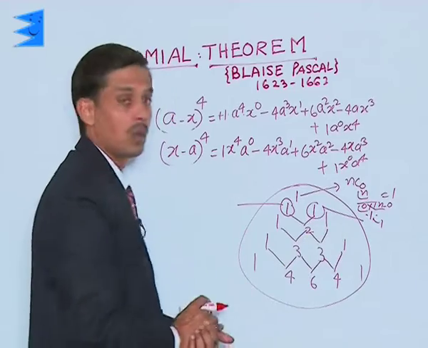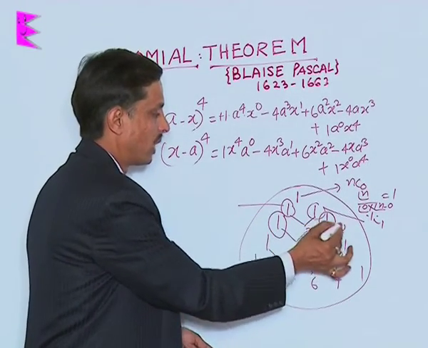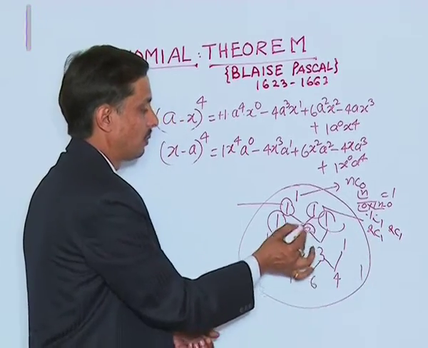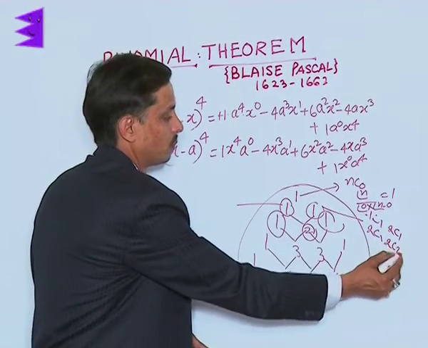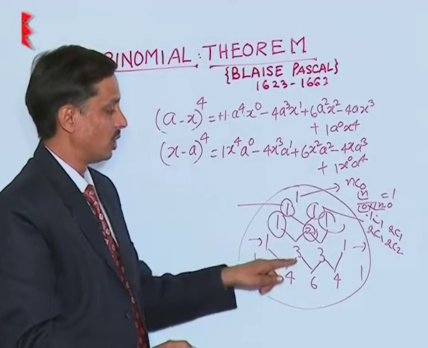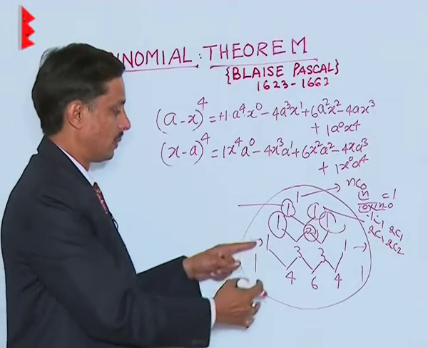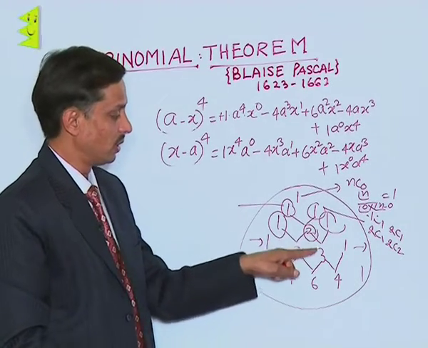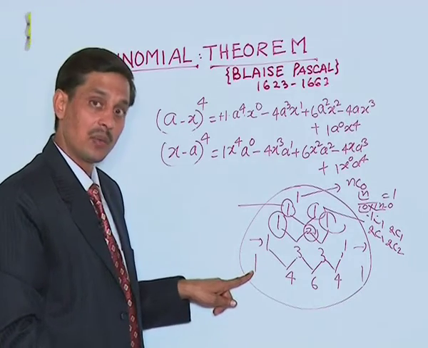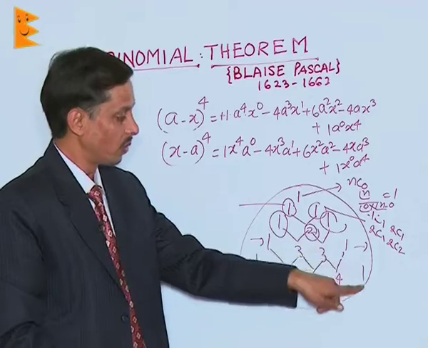So this becomes 1C1. If power is 2, we can say these 1 and 1 are 2C0 and 2C2, and middle term is what? 2C1. Similarly, in case powers are 3, we are finding 1, 3, 3, 1. So what becomes this? This becomes 3C0, 3C1, 3C2, 3C3. Power is 4. This coefficient is the value of 4C0, 4C1, 4C2, 4C3, 4C4.